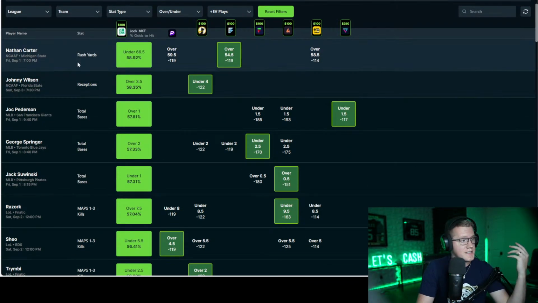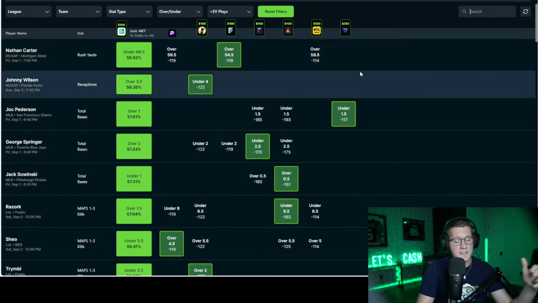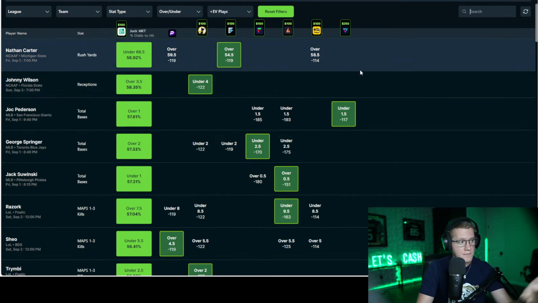So for instance, this very top play, which by the way looks to be a good play. Nathan Carter's been all over the place, but Nathan Carter on Jock Market is set to 66.5, Prizepicks 59.5, Boom 54.5, and then Parlay Play 58.5. So which projection do you think is the most off right now? We have 4 data points, right?